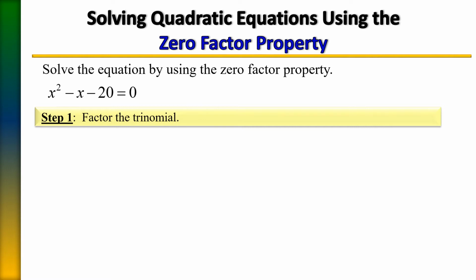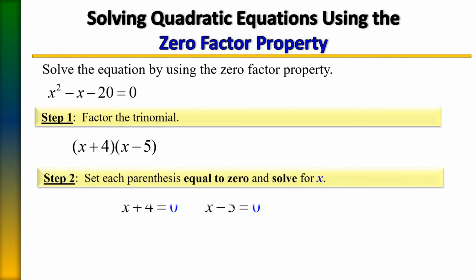The next step after I factor it is to take each parentheses and set them equal to 0 so that I can solve for x. So I'm going to set x plus 4 equal to 0, and x minus 5 equal to 0. Now I need to solve them both for x.